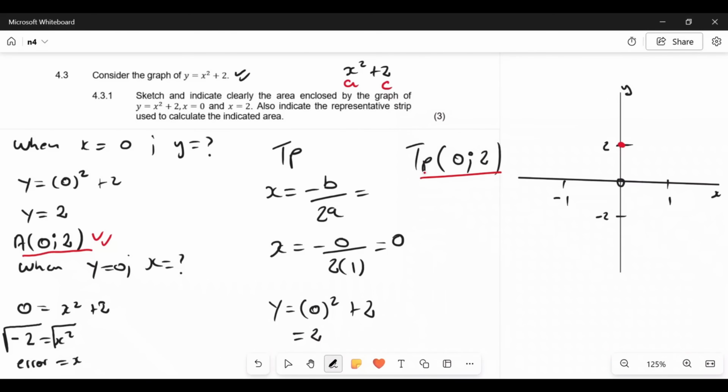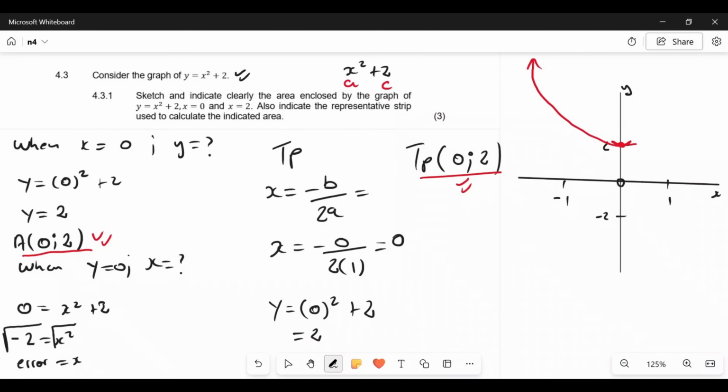But we do have the turning point here. Here's our turning point. It's similar to point A because when x is 0, our y is 2. This graph of ours should face upwards because a, the coefficient of x squared, is positive. So our turning point is going to be there, facing upwards. Now, when you draw this graph, guys, remember we don't have an x-intercept, so our graph is going to be like this.